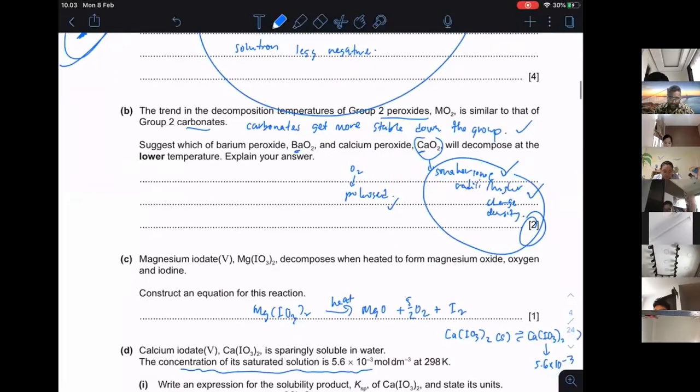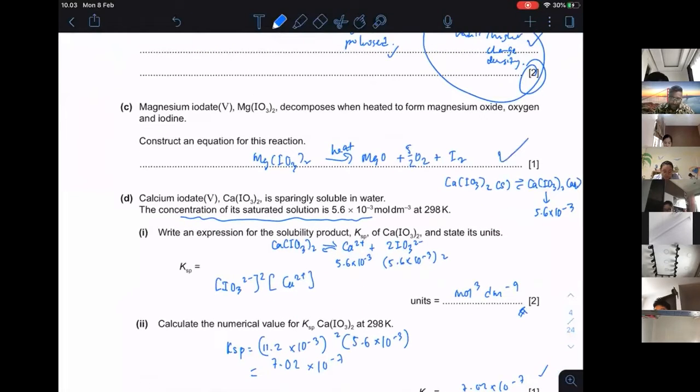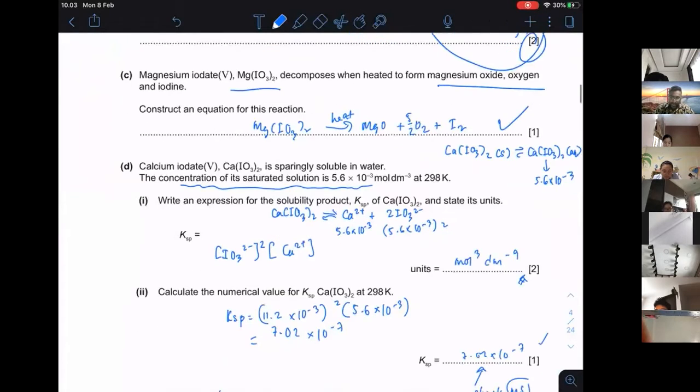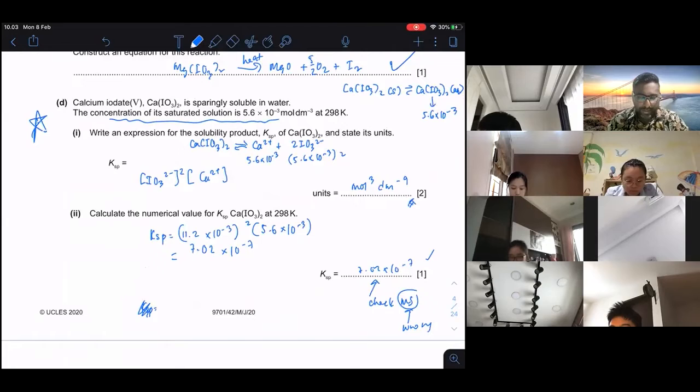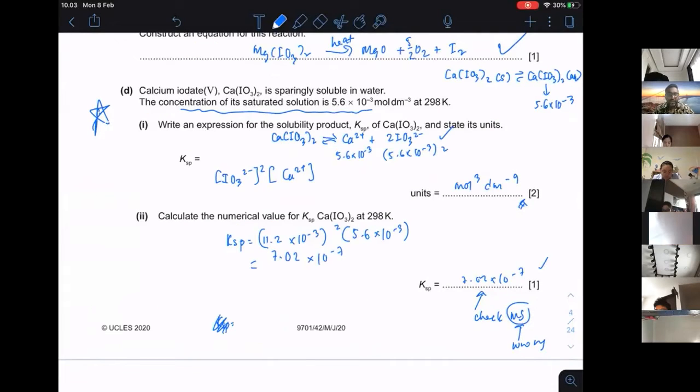And then writing the equation, no problem, just follow what they have given you. For this one as well, if you want to write the KSP and so on, just write like normal. But I think the common confusion that students will have is this one, the concentration of saturated solution.